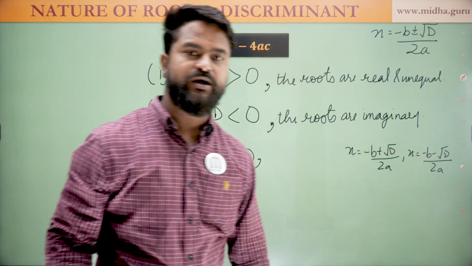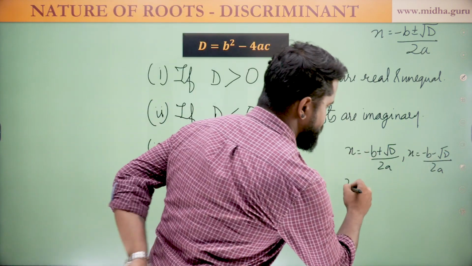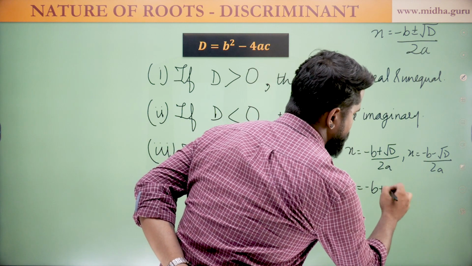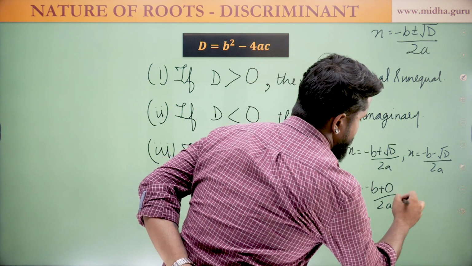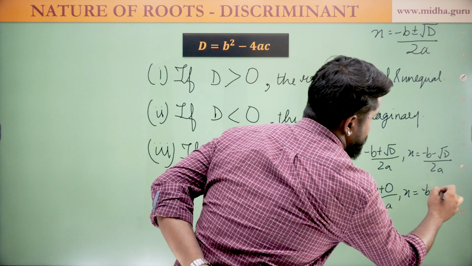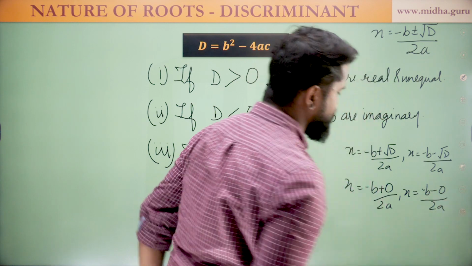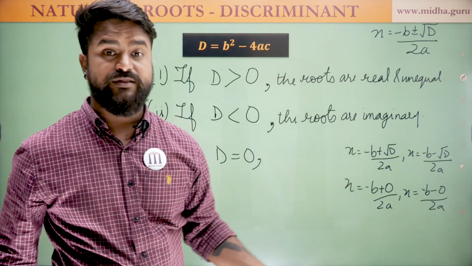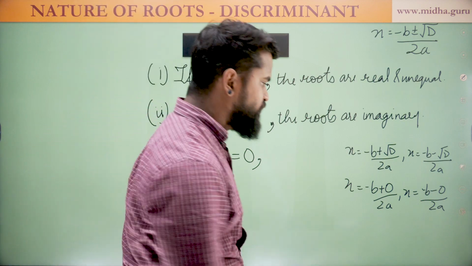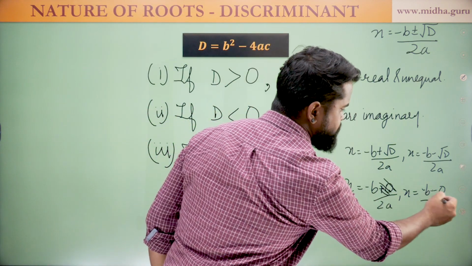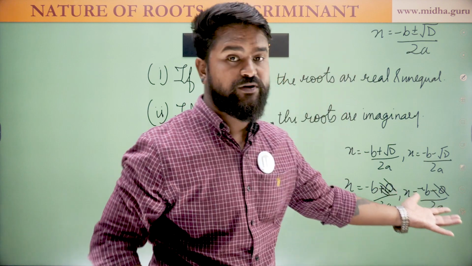square root is 0 in both cases, it's going to come out as 0, that is x is equal to minus b plus 0 by 2a, and x is equal to minus b minus 0 by 2a. And adding or subtracting 0 does not change any value, which means that we will see that both the roots are just identical.